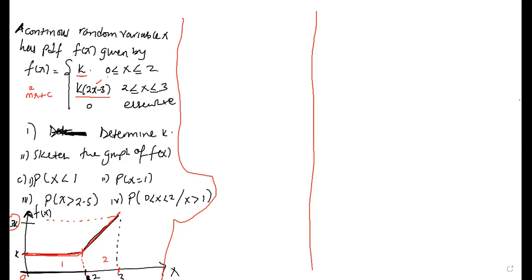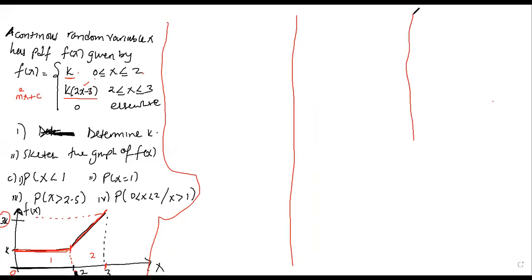Now I can use this to find the area under the curve. And when I get the area under the curve, it has to be equal to 1. I'm also going to show you using integration, and we confirm whether I get the same answer. So area 1 plus area 2, they all should give me 1. So area 1 is 2 times k plus area 2, which is a trapezium, which will be a half. The height is 1.